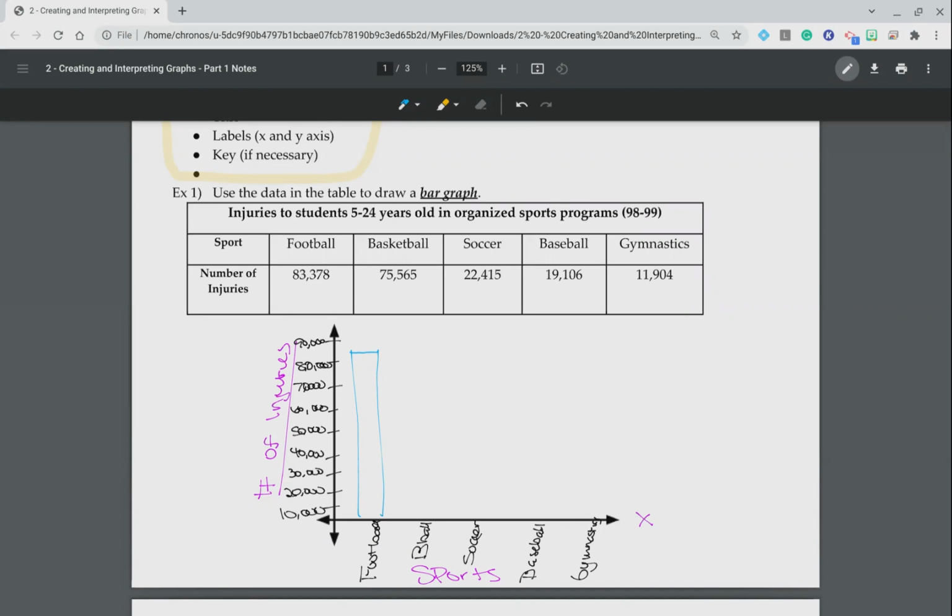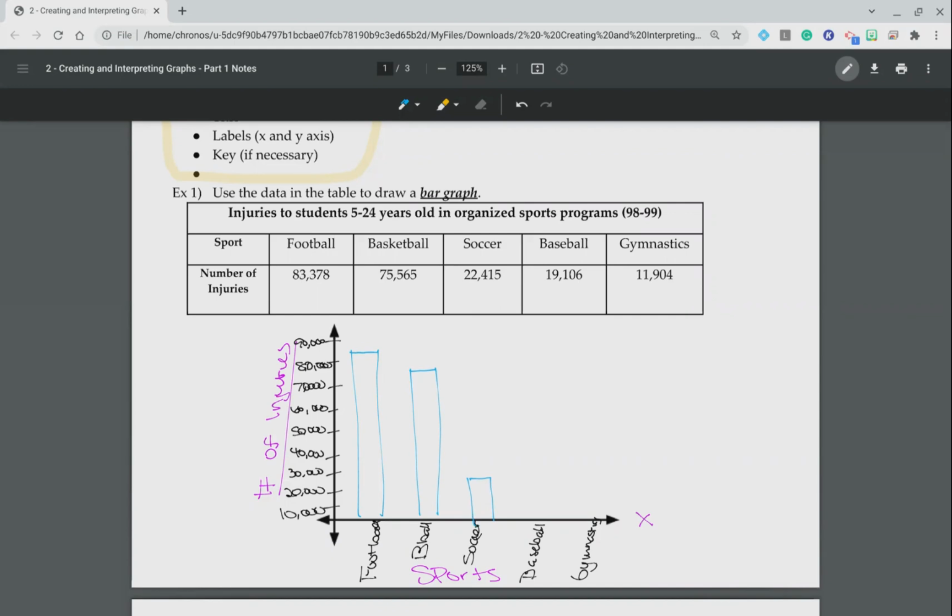Basketball, I had 75,565. So I'm going to go right in between 70 and 80,000 and make my bar graph here. Soccer, I had 22,415. So again, I'm going to go to 20,000, a little less than halfway. So between 20 and 30,000 is about right there.